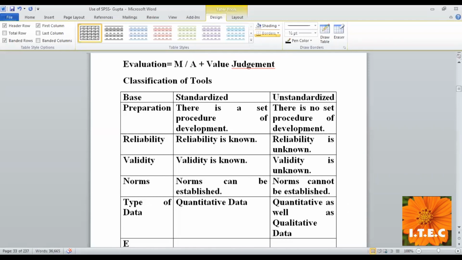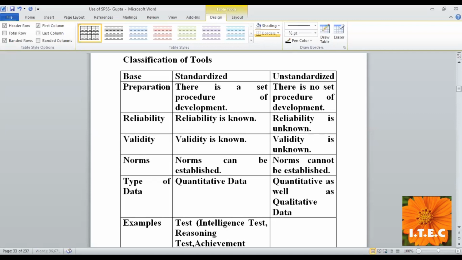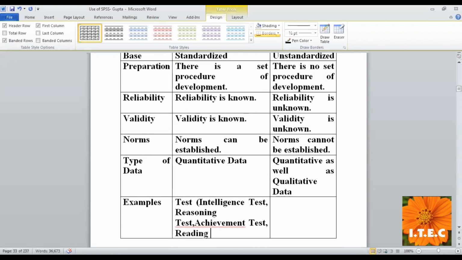Let me give you the example. In the standardized tool, your tools are test. Test means, for example, intelligence test, reasoning test, achievement test, reading comprehension test.